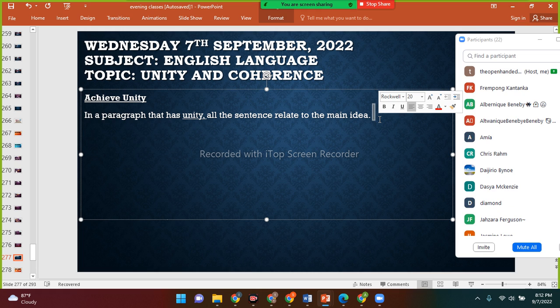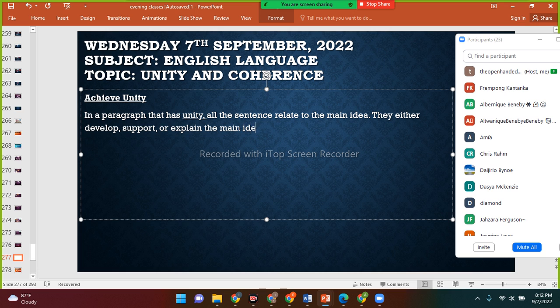But in order for you to stay on the right path, you have to be intentional about connecting everything to your main idea. So they either develop, support, or explain the main idea.